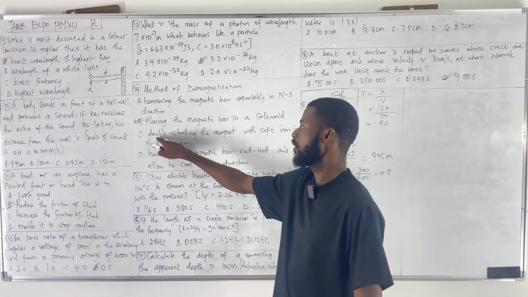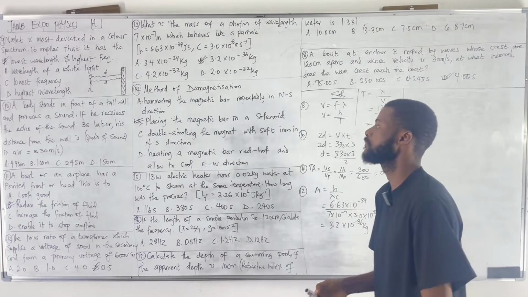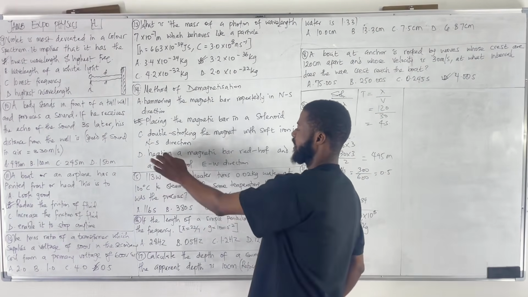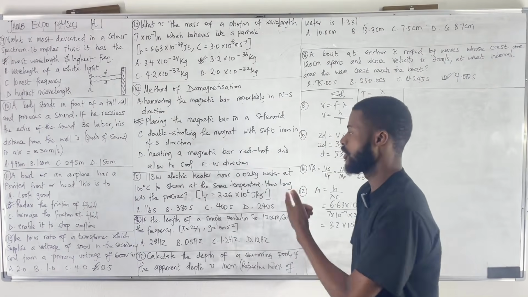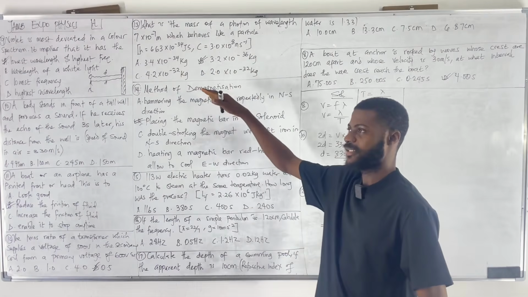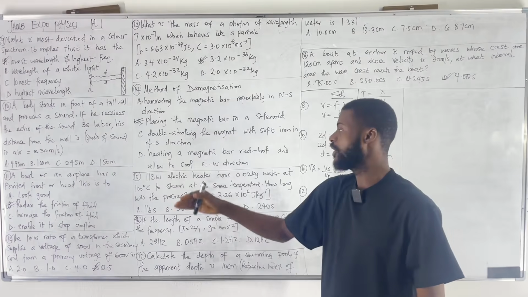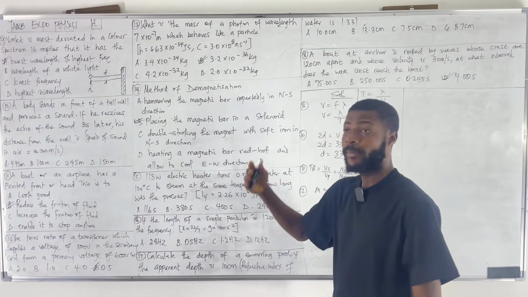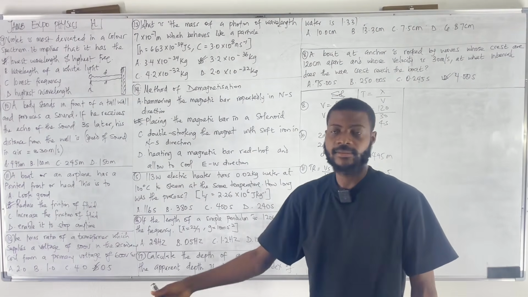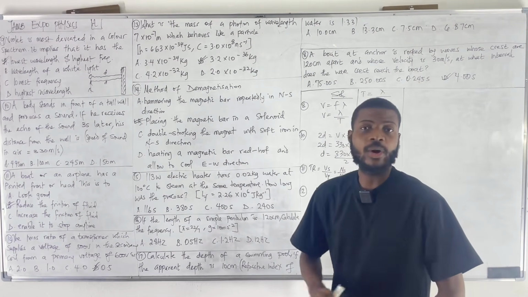Take note that in C, when you double stroke, you are basically magnetizing, not demagnetizing. Heating a magnetic bar red hot, of course, will demagnetize it. But it does not say to what degree you have to heat it. If you're heating it to red hot, you might demagnetize it, but there's a point where it will lose all magnetism.